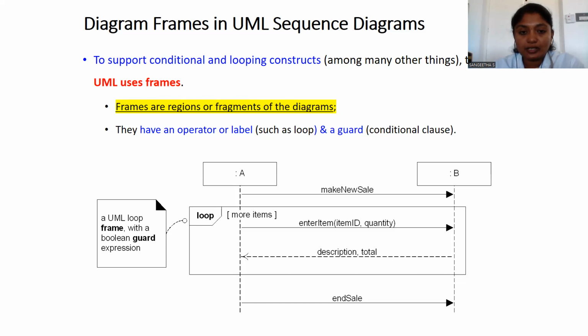The first one is the message from A to B, which is the enterItem message. The enterItem message has two parameters, itemID and quantity. After receiving that message, object B responds to A with description and total. Where does this happen? In the point of sale case study.